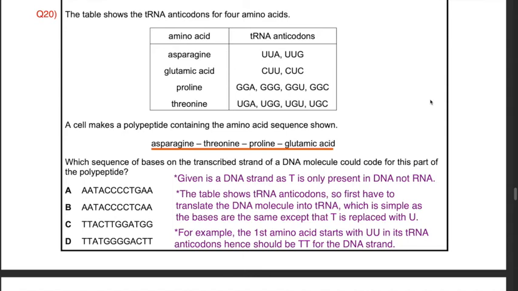Threonine also starts with U in all of its tRNA anticodons, therefore it should be T for the DNA strand. Therefore, following TTA, you should get again T, which is only possible by the answer D. Therefore, the answer is D. C mentions TTA, but it is followed by the base C, which is not correct. It should be the base T. Therefore, C is incorrect, leaving us with the answer being D.